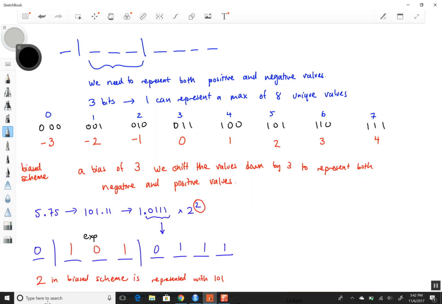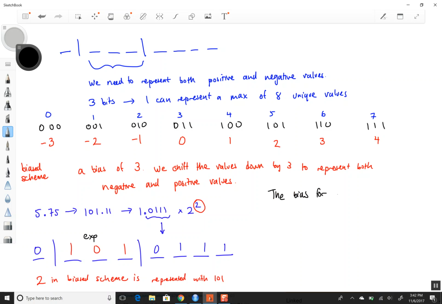With 3 bits, the bias is basically that we want half of the values to be negative and 0, and the other half to be positive. So our bias is going to be 2 to the 2.